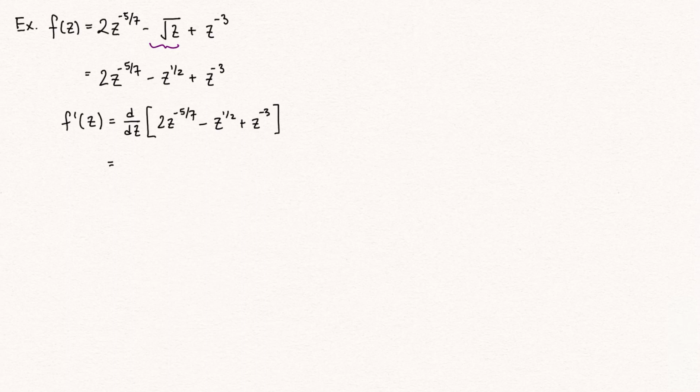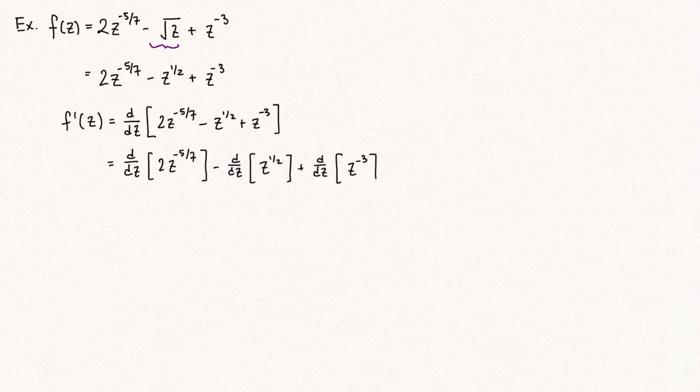Like before, I see that we're taking a derivative of a difference and a sum, so we can go ahead and distribute that derivative into the brackets. So we get the derivative with respect to z of the first term, 2 times z to the negative 5 over 7, minus the derivative with respect to z of the second term, z to the 1/2, plus the derivative with respect to z of our last term, z to the negative 3.